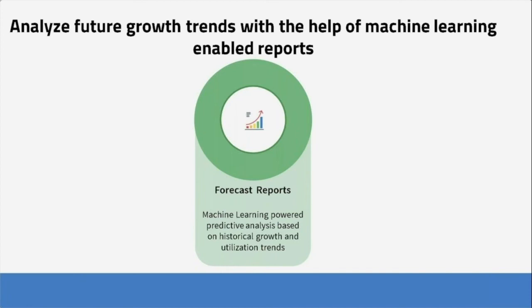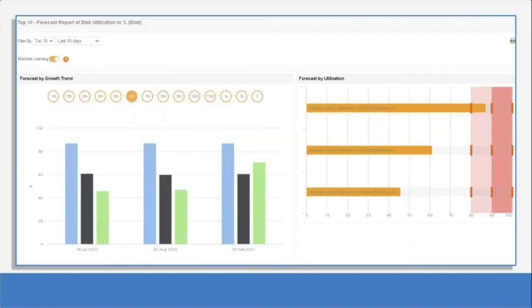Now, Application Manager plugin offers the end users more advanced report types, which is the forecast report, where the user can see how the utilization of a few selective metrics has been. Now, what we have over here is a sample forecast report of disk utilization.